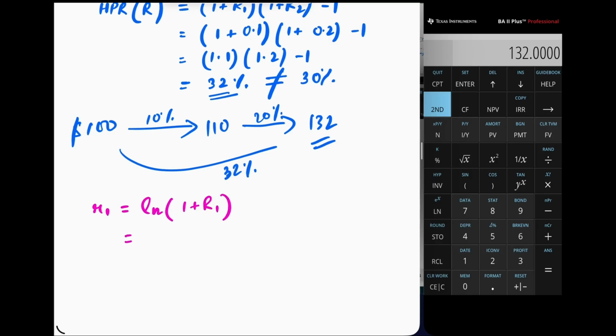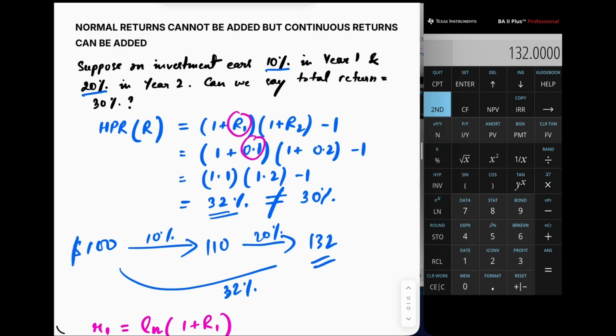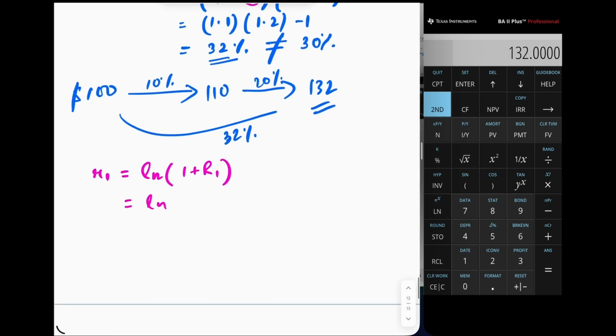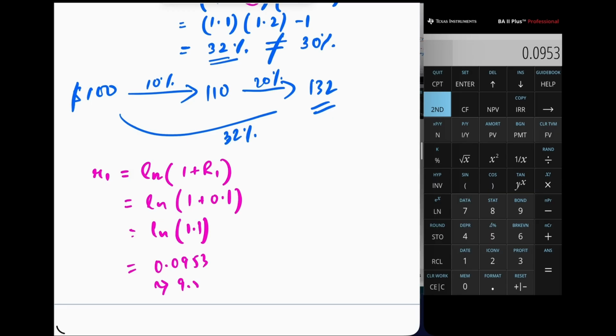Your R1 is this one. It's given, log of 1 plus 0.1, log 1.1. This is coming out to be 0.0953, or you can say 9.53%.